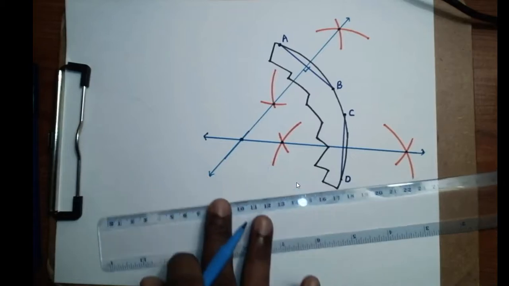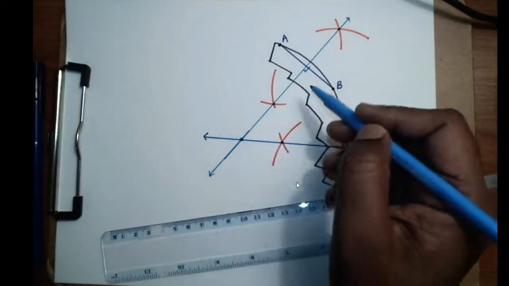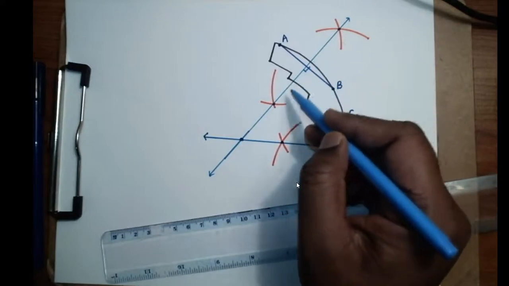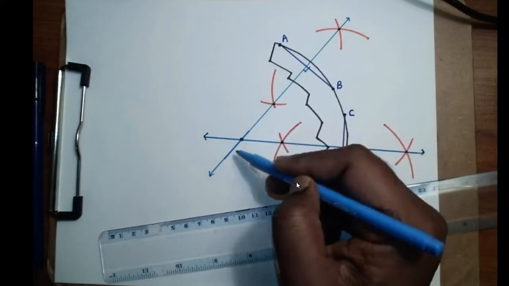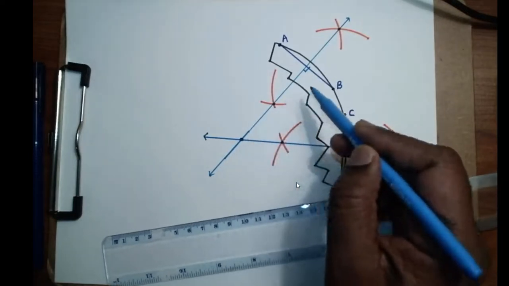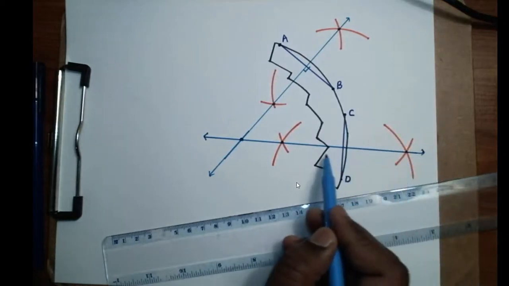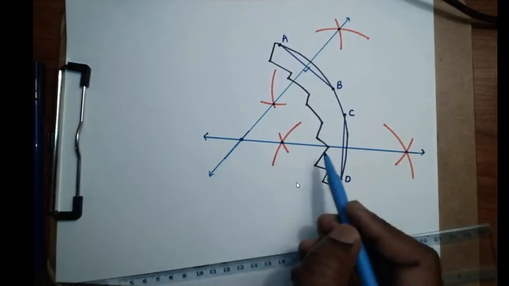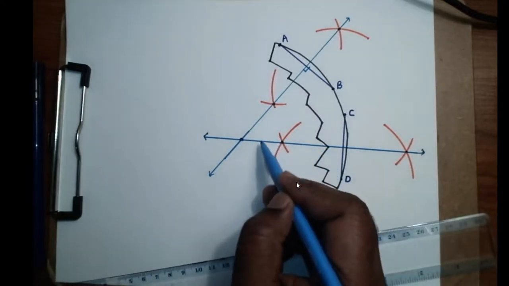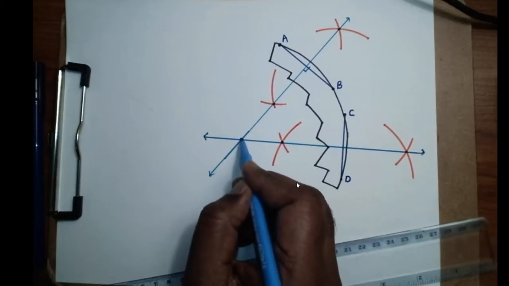Now you already know that a perpendicular bisector drawn on the chord will pass through the center of the circle. So somewhere on this perpendicular bisector you have the center of the circle. Similarly, somewhere on this perpendicular bisector you have the center of the circle. Now between these two perpendicular bisectors you have only one common point.